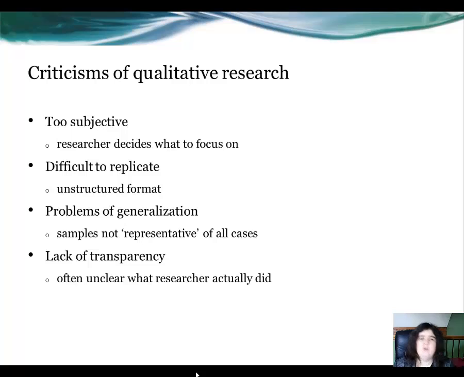It is hard to generalize. And oftentimes it is very difficult to know what the researcher actually did. Most research will be written up based on the researcher's interpretation, and you would not have the full opportunity to observe the steps the researcher took on board.